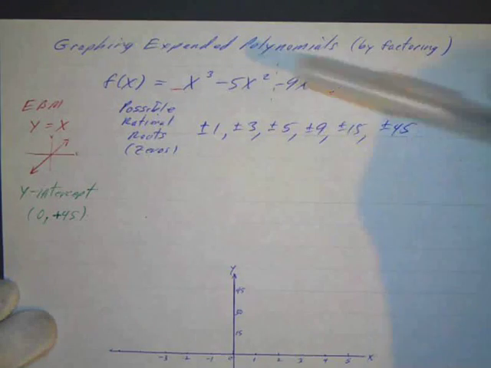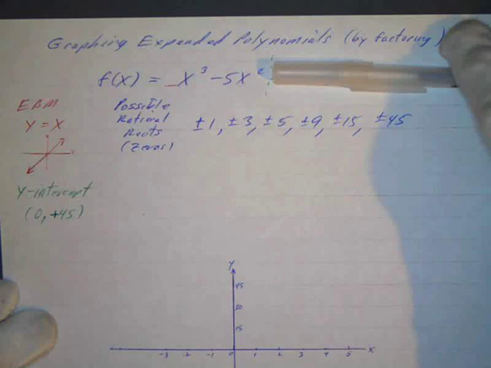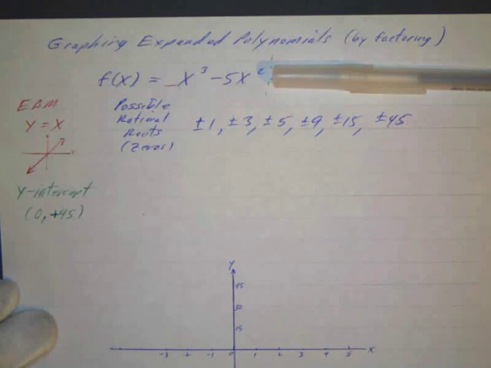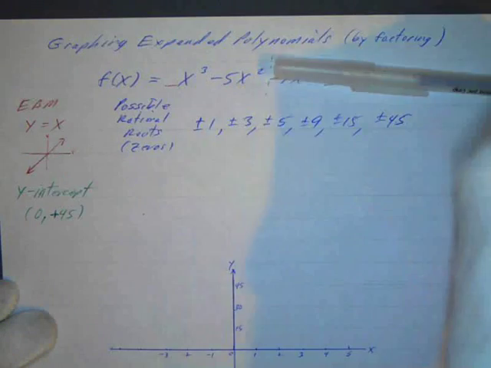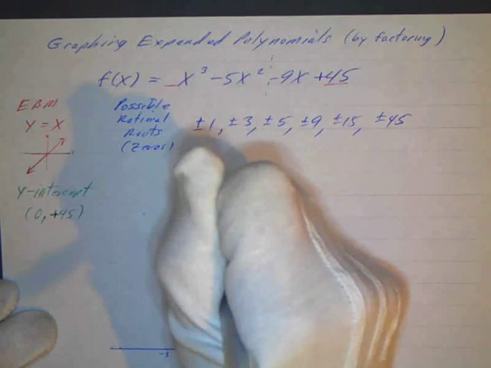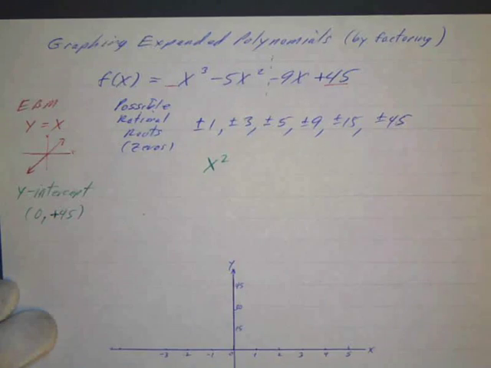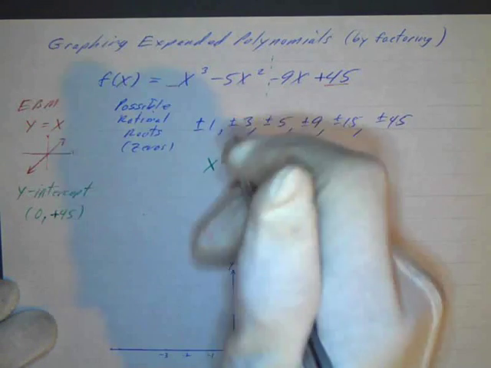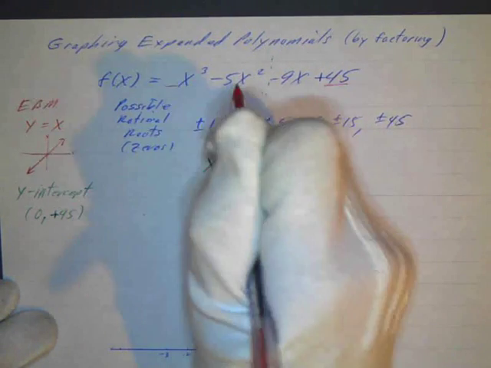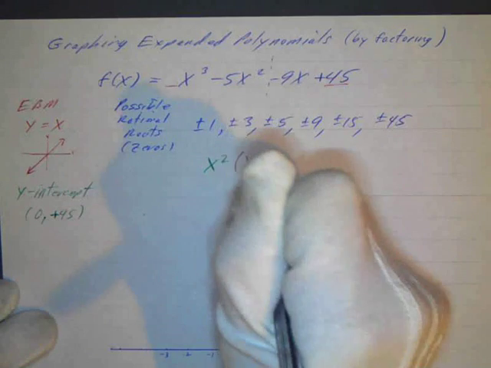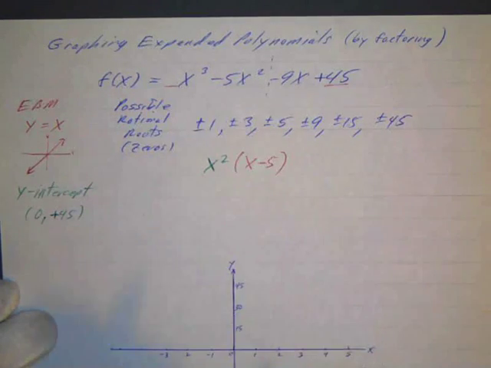And what can I factor out of those first 2 terms? Well, it looks like I can take out an x squared, right? So we'll factor out an x squared. And what's left in the first term? x. Second term, 5, so x minus 5. Okay, and then what can I factor out of these 2 terms?